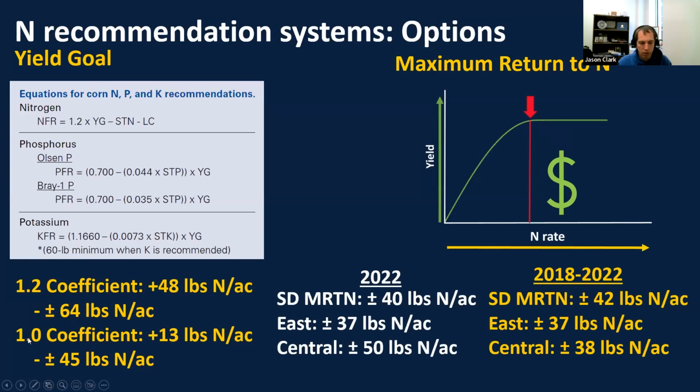So again, if we use that 1.0 coefficient, we're 13 on average over, plus or minus 45. We are seeing some pretty similar values using MRTN, but we tend to be over fertilizing a little more than what I like to see. But I'm hoping that over time this can improve, and if it does, we might move to some different systems and incorporating some other soil test levels is what we're looking at as well.